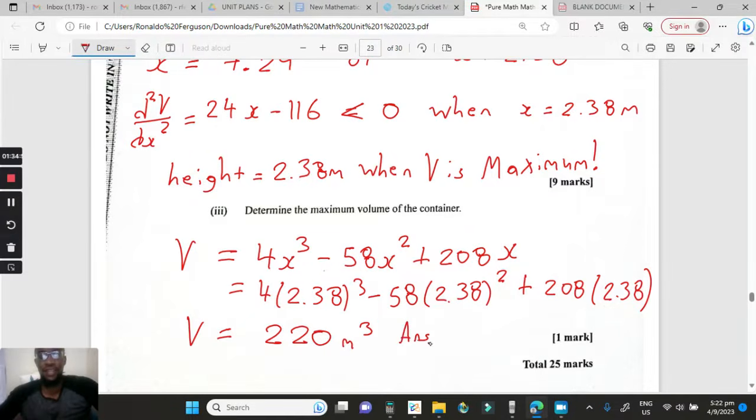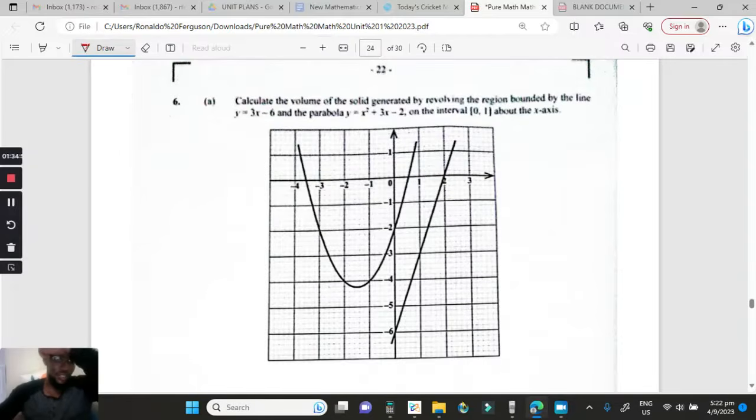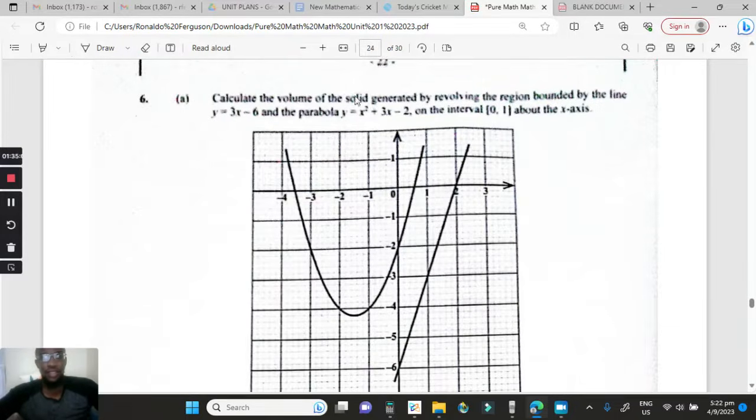And we're on to the final question now. It says, calculate the volume of the solid generated by revolving the region bounded by y equals 3x minus 6 and y equals x squared plus 3x minus 2 on the interval 0, 1.